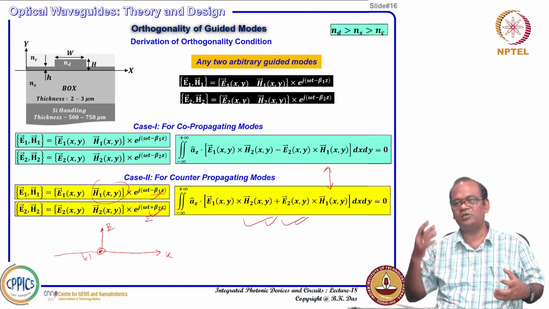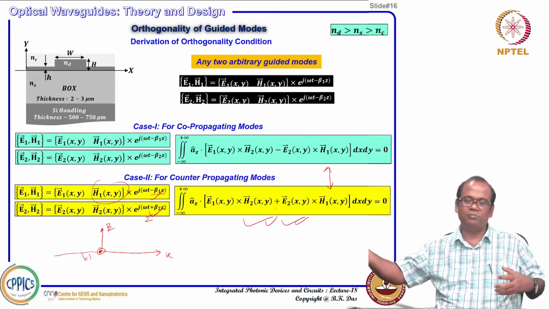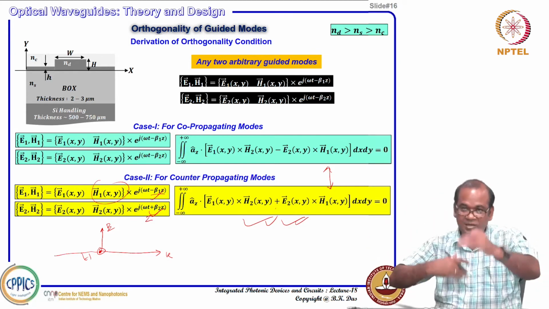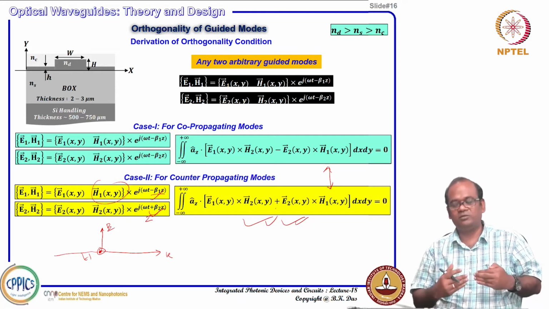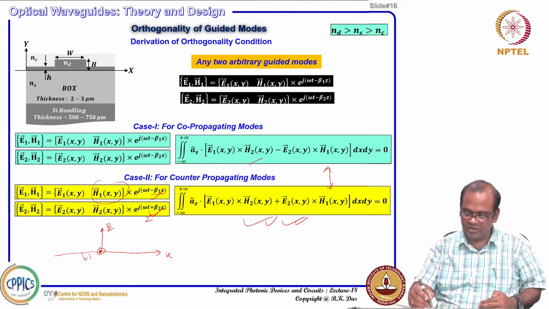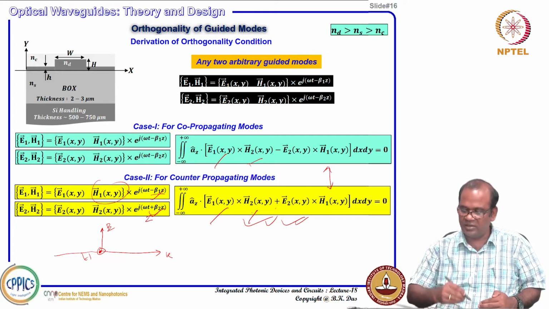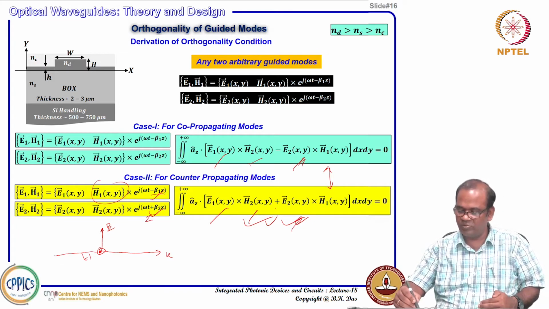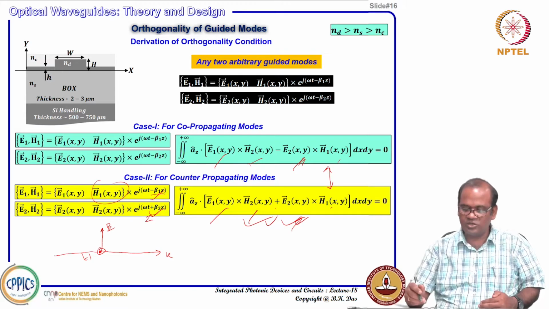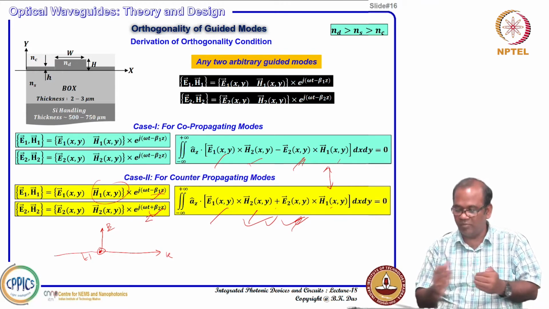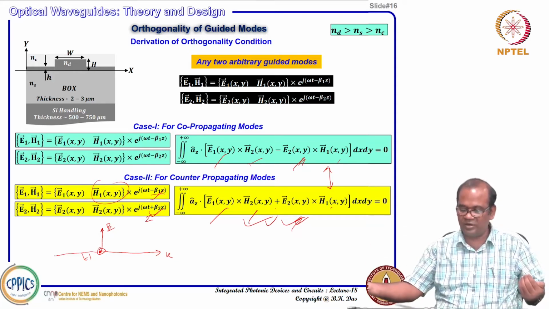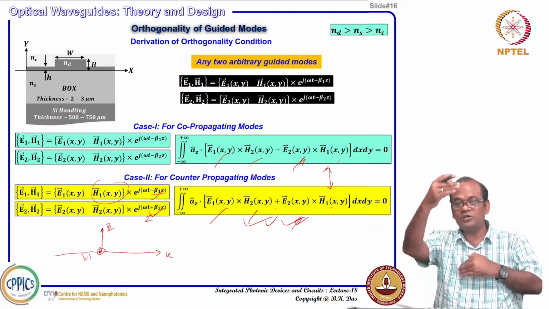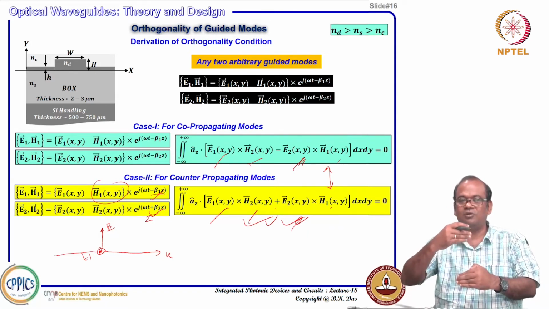Mode means normally you consider beta 1, beta 2, the solutions; here I am considering the actual pattern. So that pattern, the xy field distribution here and here, is the same. In these two equations, you don't have any use of beta, plus or minus; that is already factored out. Rather, you have the mode shape, the xy cross-sectional distribution.